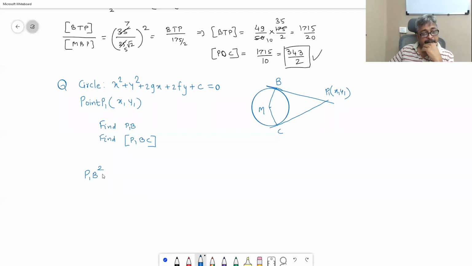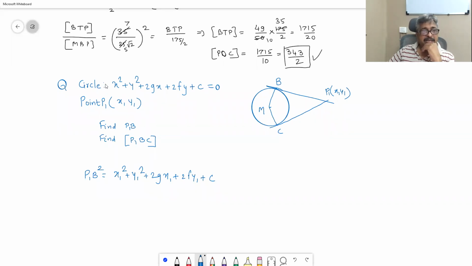P1B square happens to be, put this point in this equation, LHS: x1 square plus y1 square plus 2gx1 plus 2fy1 plus c. This is the length of the tangent.